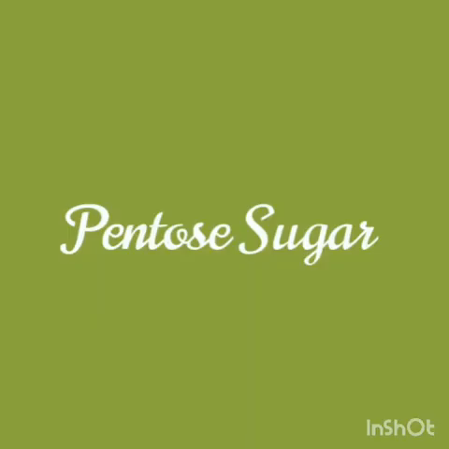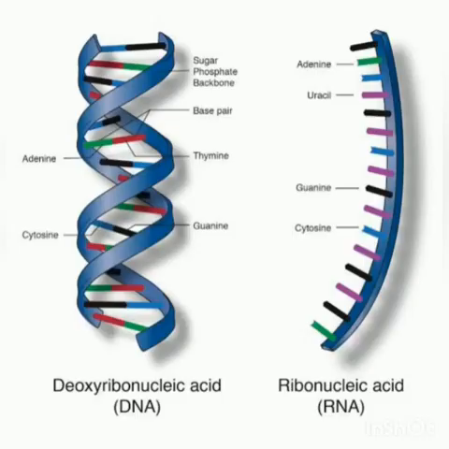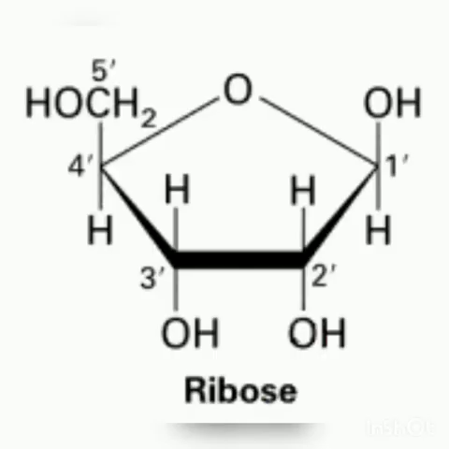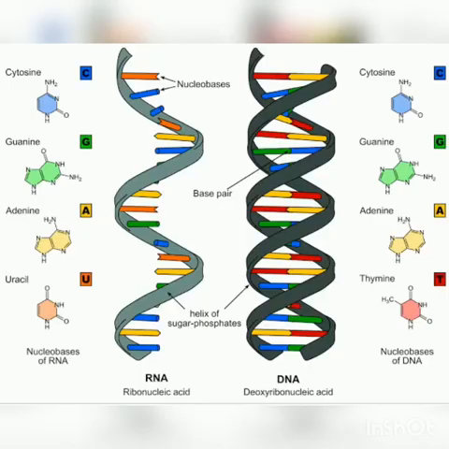First is the pentose sugar. There are two types of nucleic acid depending upon the type of pentose sugar. They are DNA and RNA, that is, deoxyribose sugar and ribose sugar. Ribose sugar gives ribonucleic acid and deoxyribose sugar gives deoxyribonucleic acid.